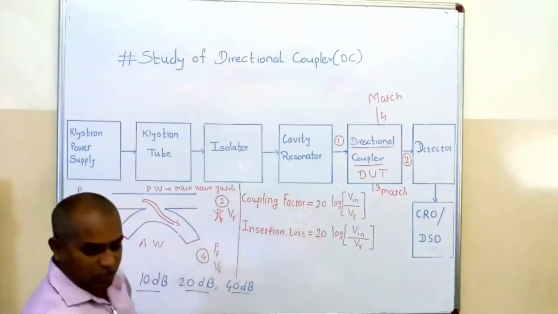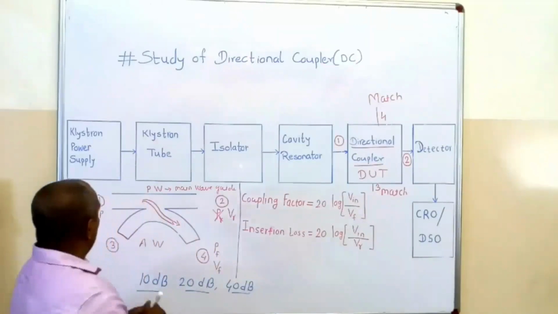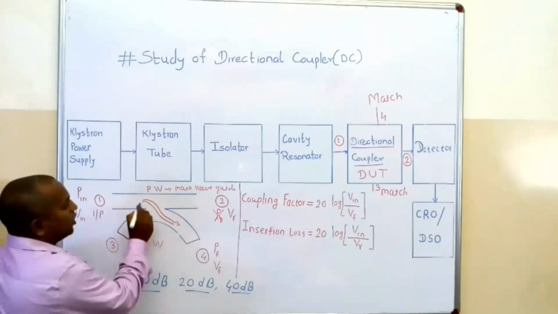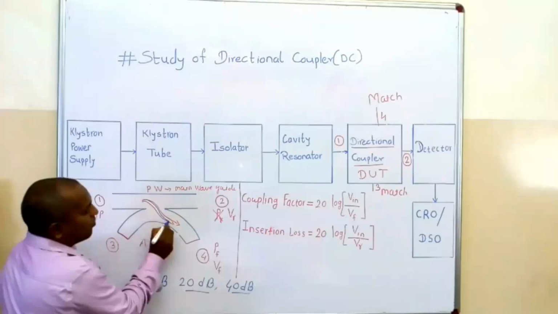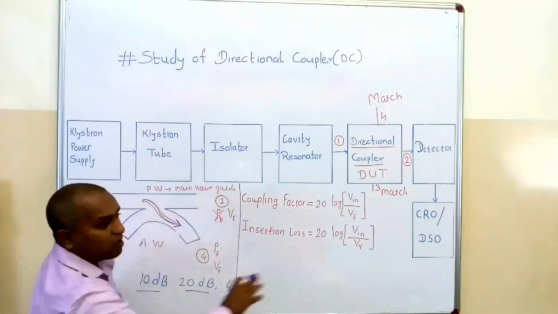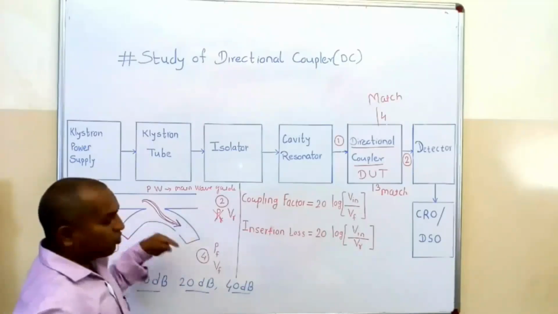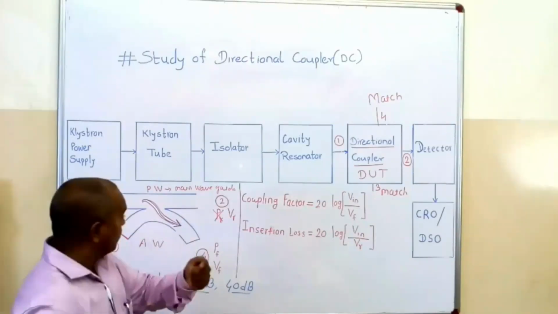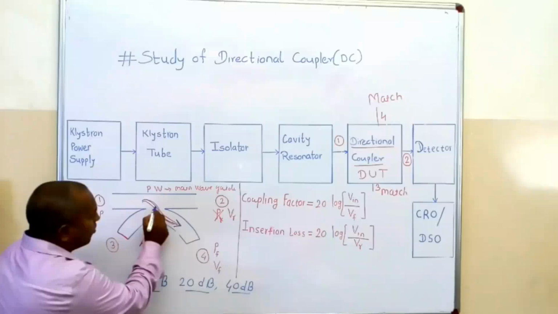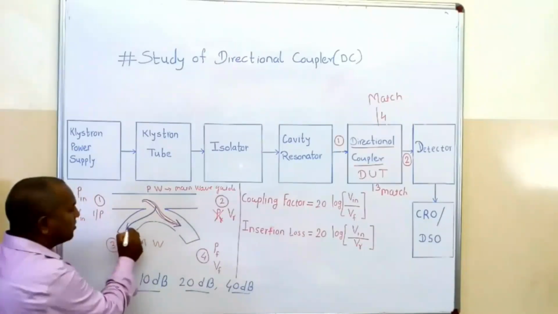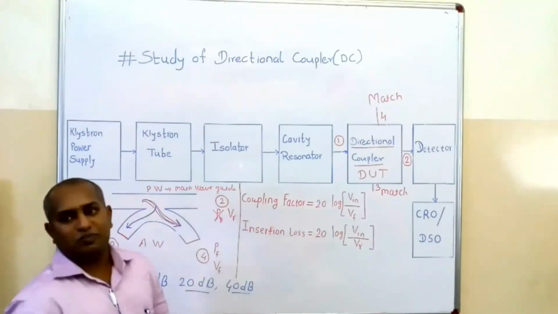But look here at the operation of your directional coupler. Your directional coupler will not only couple the same amount of power towards the fourth port. The fourth port is your forward port. It will couple some amount of power towards the back port also.